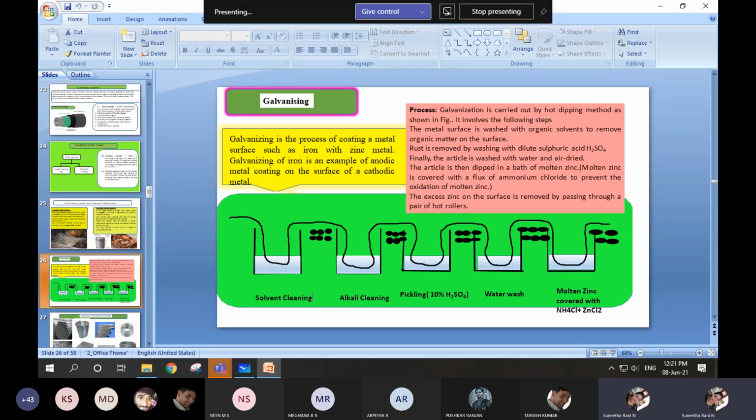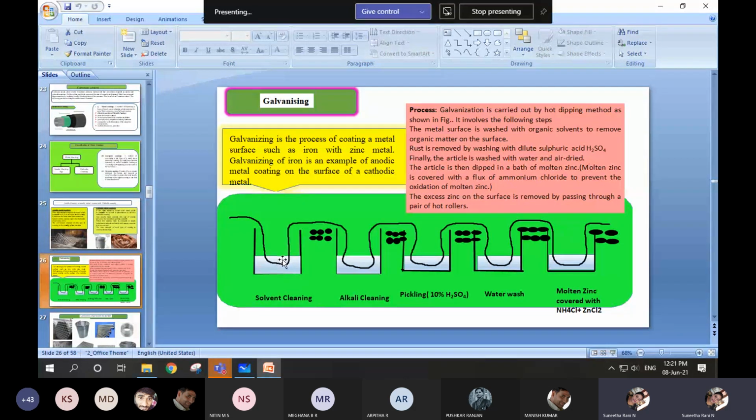What type of solvent does it contain? It contains organic solvents. What happens with this organic solvent? It removes the impurities present on the sheet, and whatever dissolved impurities are there, all those impurities will get dissolved in the organic solvent.